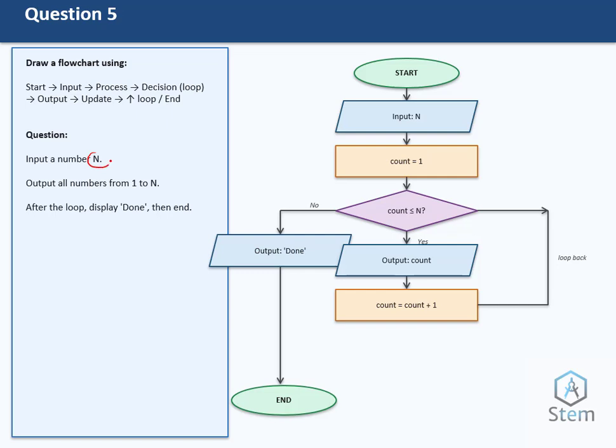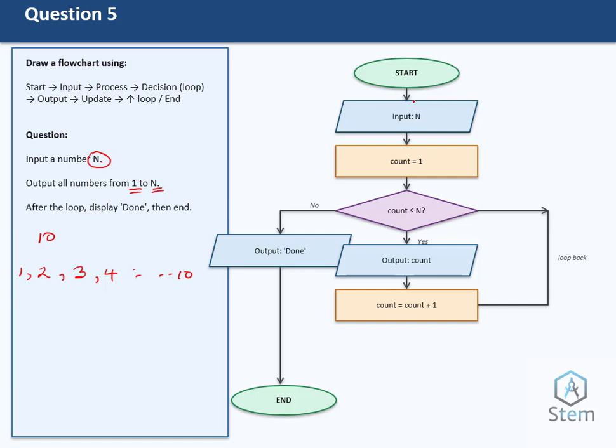So the user is going to give us a number n, and we are going to count from 1 to n, printing out every number from 1 to n. So if the user enters a number like 10, it means we are going to see a program outputting 1, 2, 3, 4, right up to 10. That is what this program is meant to do.